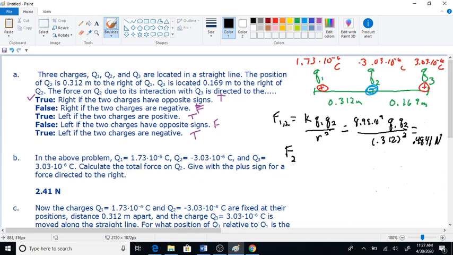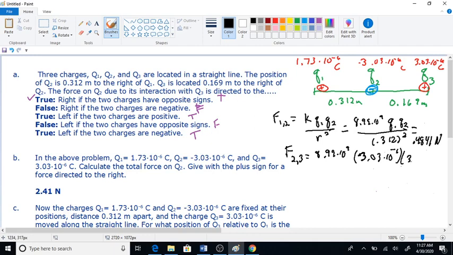And then what is 3 doing to 2? Same thing, same formula. K, which is 8.99 times 10 to the 9th. And then Q2, which is negative 3, but I would just leave it as a positive and then deal with the sign in a little bit. Positive 3.03 times 10 to the negative 6.